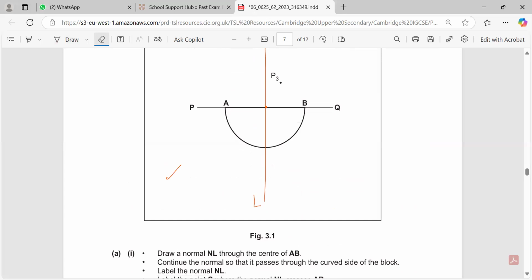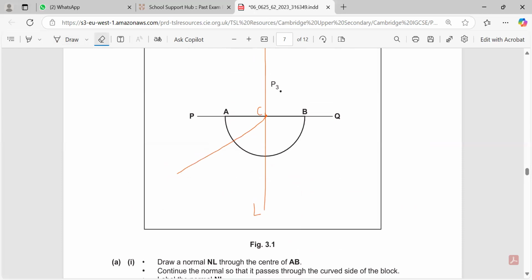So what I'm going to do, I'm making this C point up, and roughly I'm making it, let's suppose this is the 20 degrees. This angle is how much? Roughly that is equal to 20 degrees.